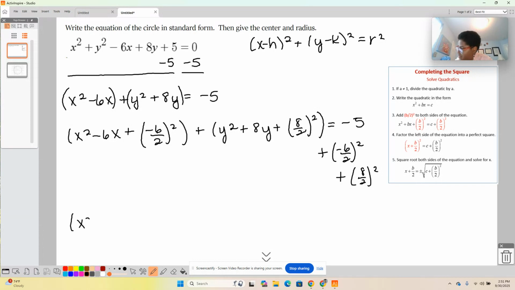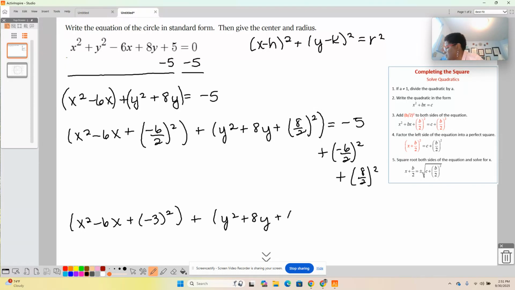So we have x squared minus 6x. Negative 6 divided by 2 is negative 3. So we have plus negative 3 in parentheses squared plus y squared plus 8y, and then 8 divided by 2 is 4. So plus 4 squared equals negative 5, and again negative 6 divided by 2 is negative 3, so plus negative 3 squared, and then 8 divided by 2 is 4 again, so plus 4 squared.